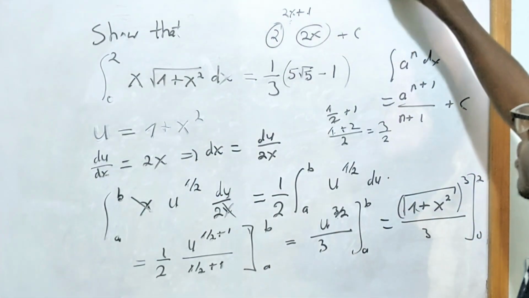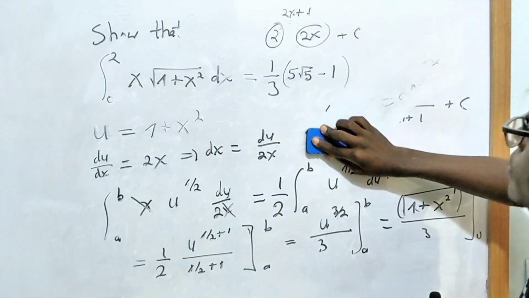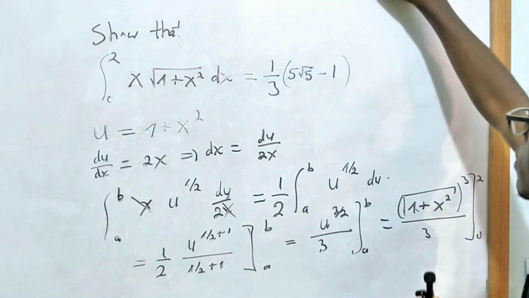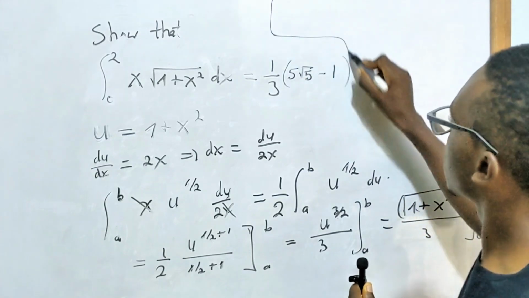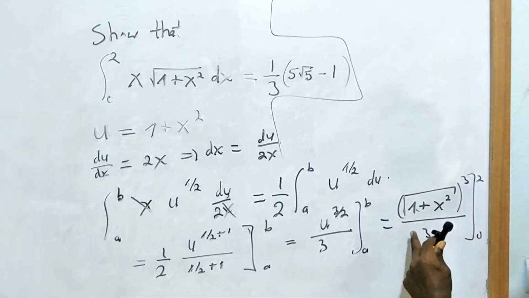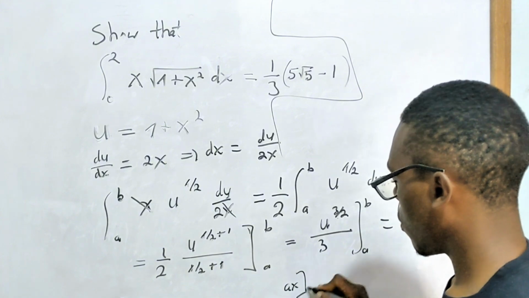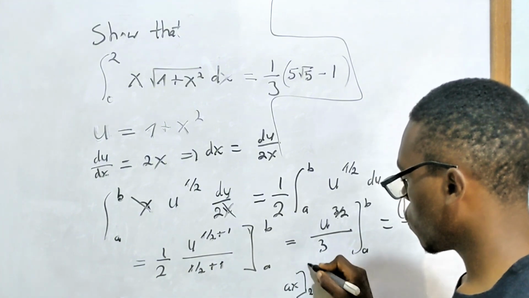Okay, we can erase at this point and substitute here. When you have the range, you evaluate at the upper limit minus the lower limit.